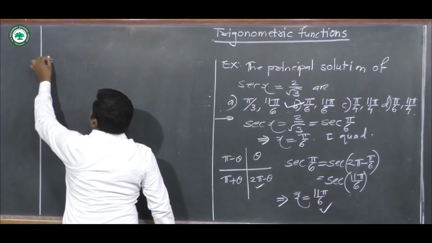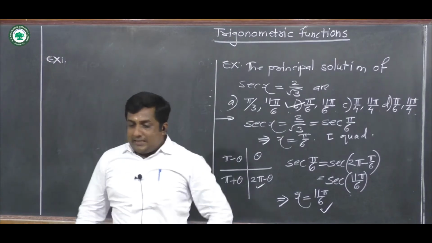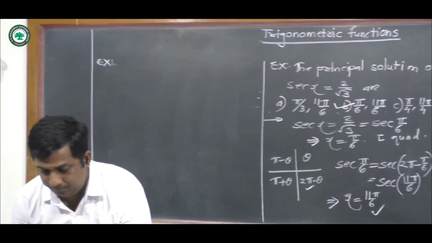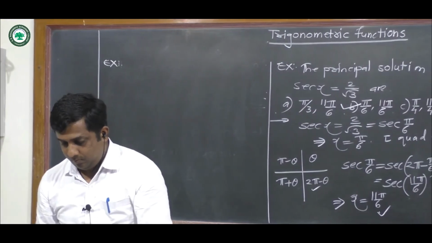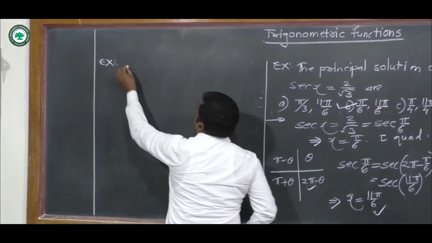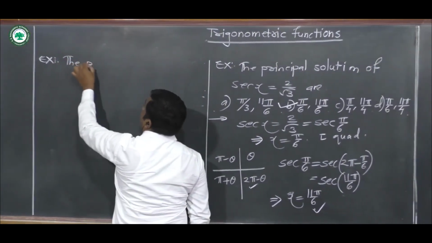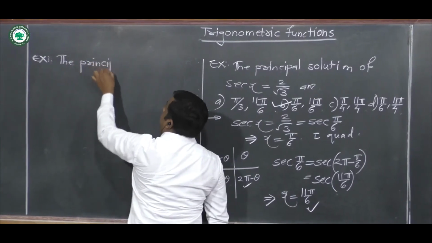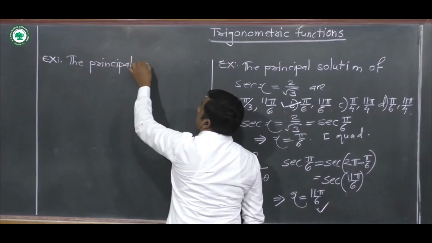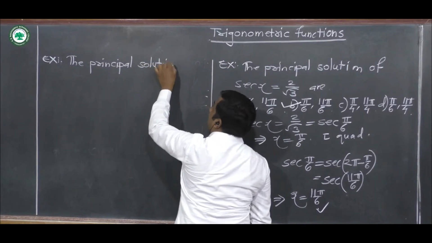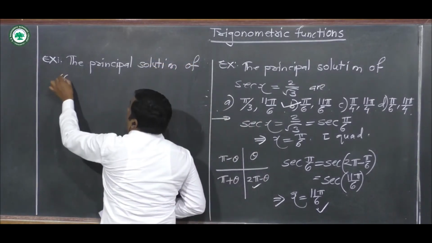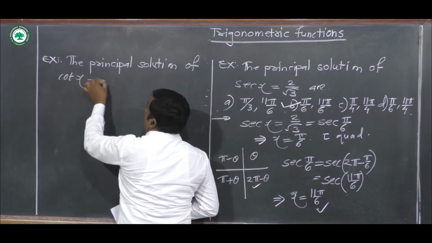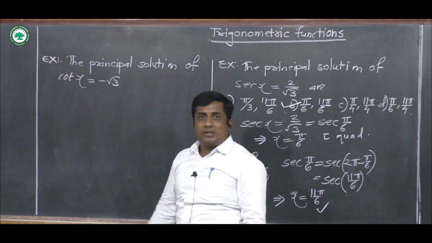Second, in the second example, the principal solution of cot x is equal to minus root 3.